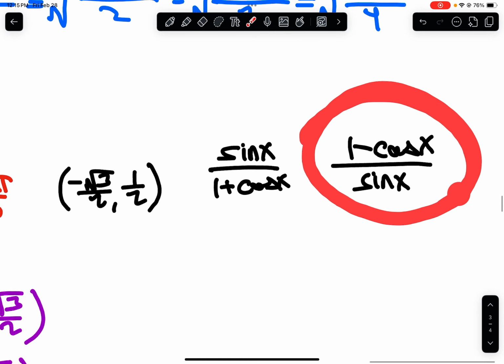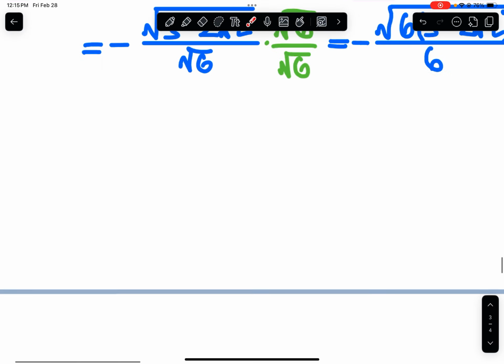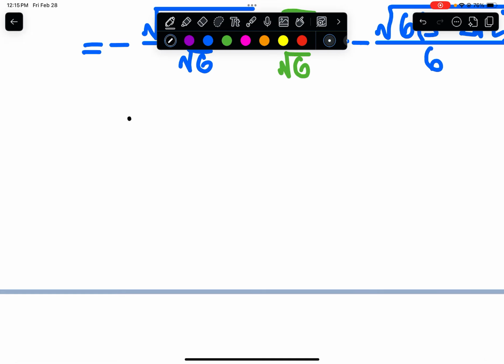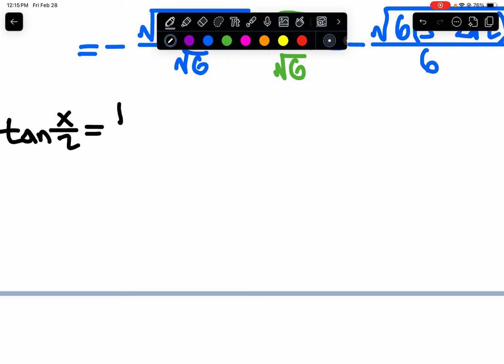So I want to do 1 minus cosine over sine x. Okay, so tangent x over 2. And because I have the memory of a goldfish, I already forgot which one I'm doing. 1 minus cosine x over sine x. Ta-da.